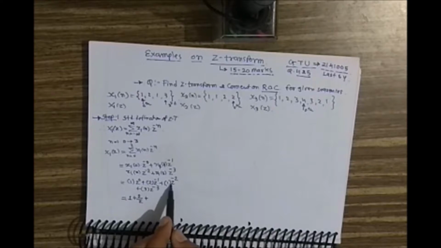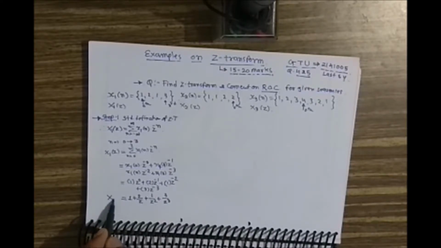Plus again 1 multiplied with z raised to minus 2 becomes z raised to minus 2, which we can also write as 1 upon z square. Plus 3 into z raised to minus 3, which we can also write as 3 upon z cube. So it is the final value or final answer of x1 of z.